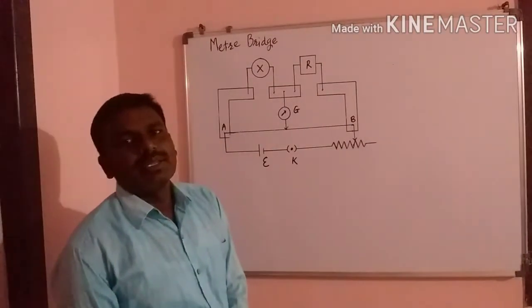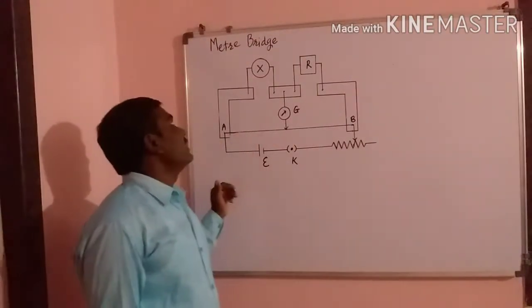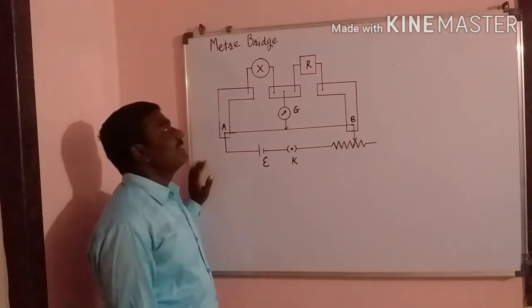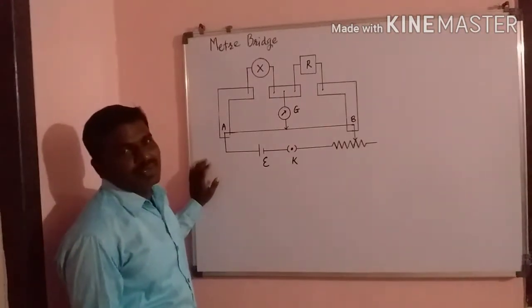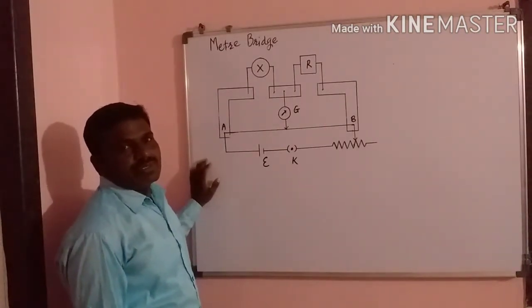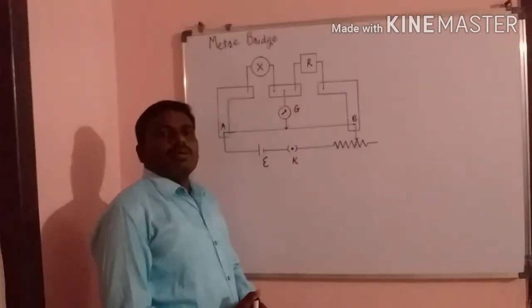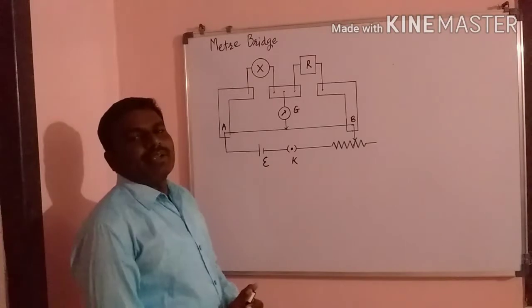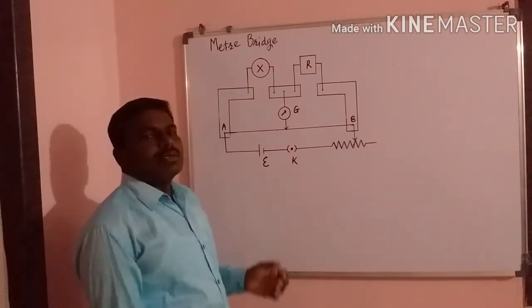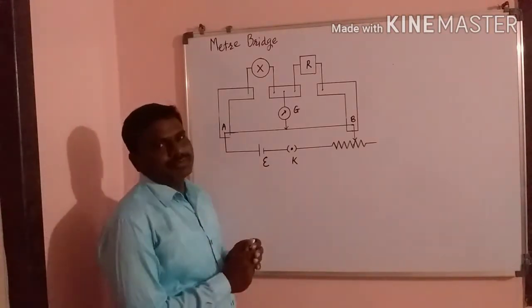Today we will learn about the next point of the chapter current electricity, the meter bridge. The meter bridge consists of a uniform cross section wire with a length of 1 meter.